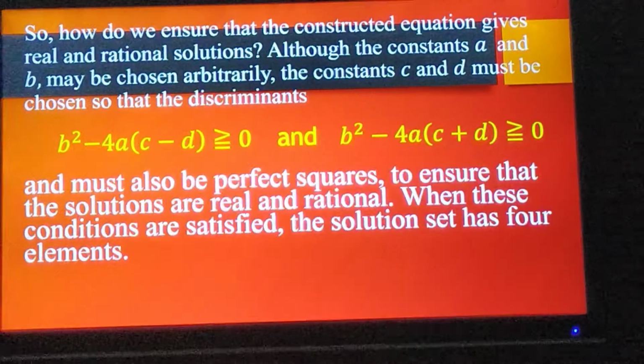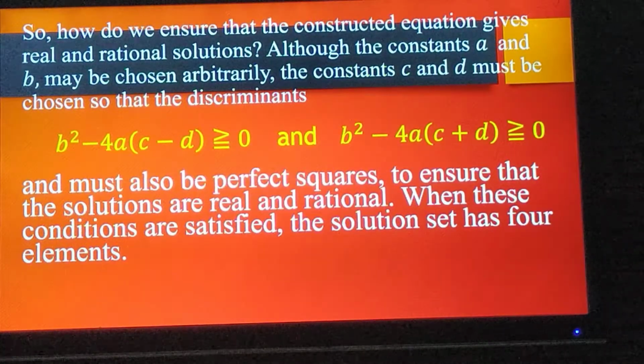And not only that, they must be perfect squares to ensure that the solutions are real and rational. When these conditions are satisfied, the solution set has 4 elements.